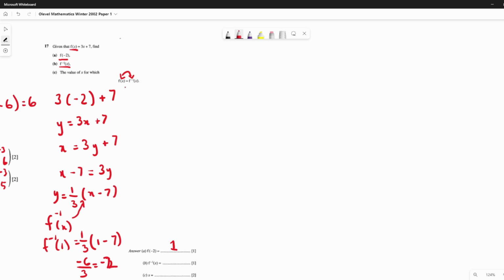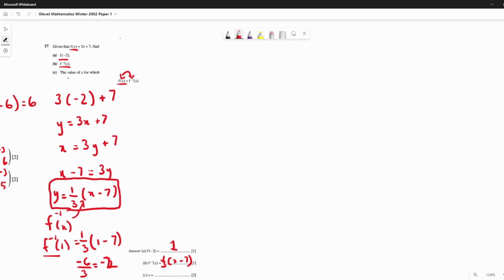This correctly tells us that this function is the inverse of the other function because it undoes to 1 what f did to -2. So our answer was 1/3 x minus 7, which was right here.